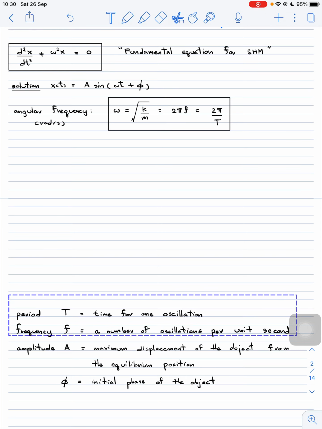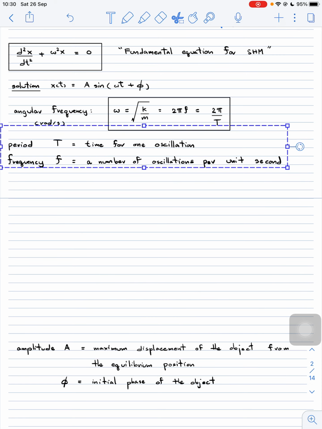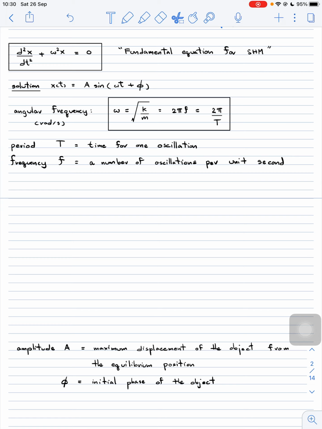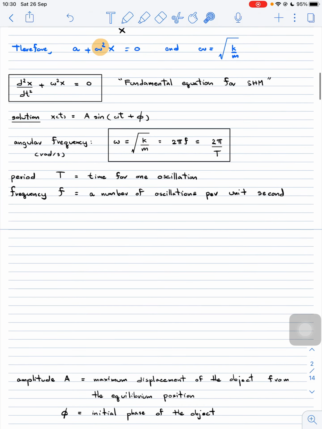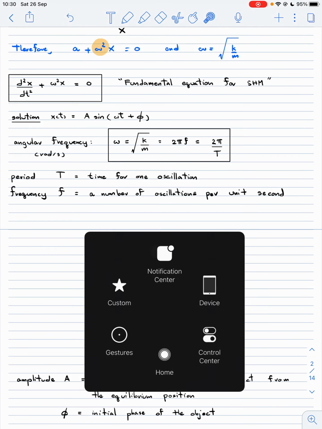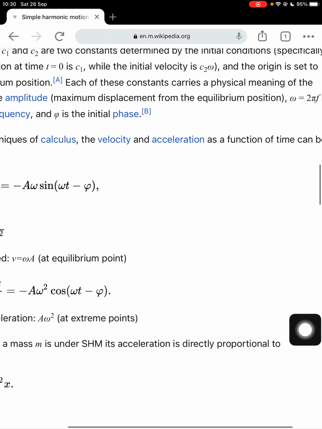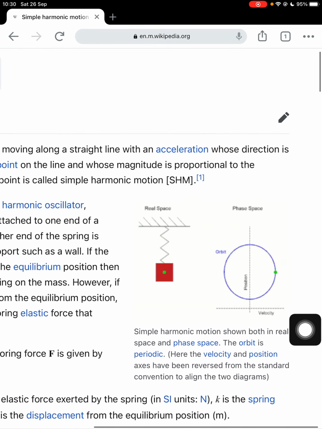The period T is the time for one oscillation. For example, let's go back to the spring mass system here.